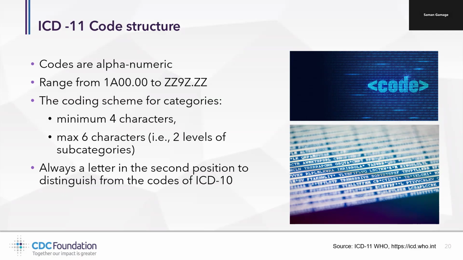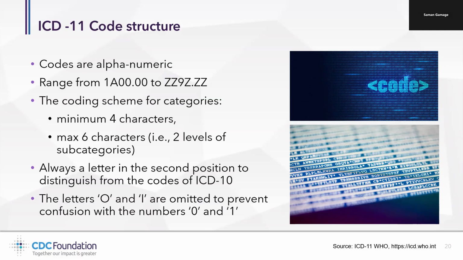There is always a letter in the second position to distinguish ICD-11 codes from the codes of ICD-10. The letters O and I are omitted to prevent confusion with the numbers 0 and 1. ICD-11 uses alphanumeric codes for flexibility and easy expansion, as in ICD-10, and supports a greater number of codes and combinations.